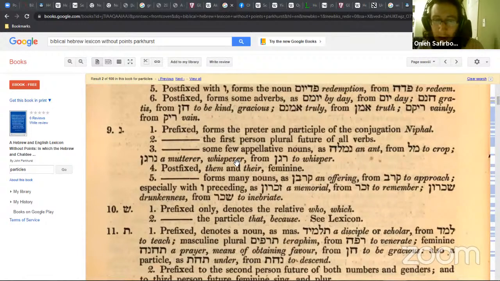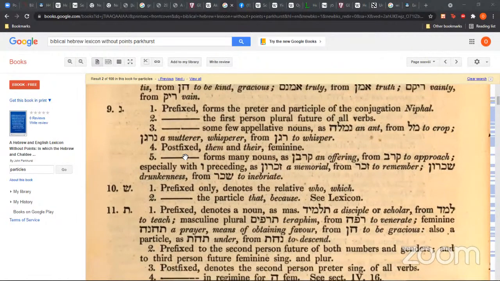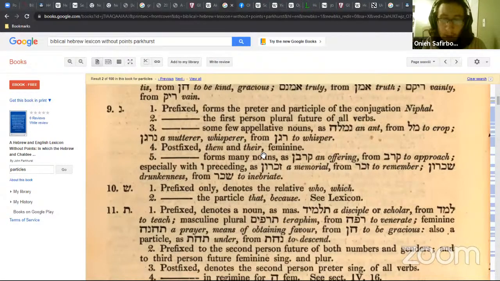So a whisper or to whisper is the verb ragen, but if you put noon at the beginning, it becomes spreader of whisper or propagator of whisper, and that's a whisperer. And if you put noon at the end of a word, it makes it them, and therefore feminine. And many nouns, it says, are formed with it by adding noon at the end.